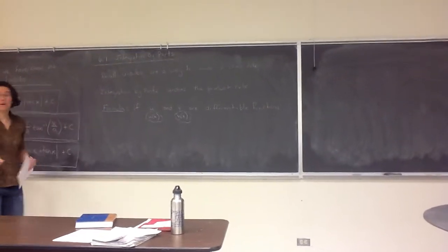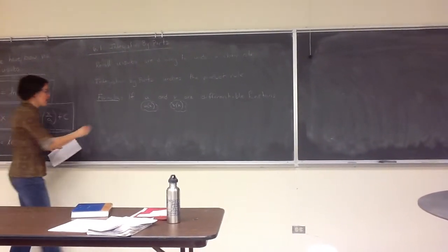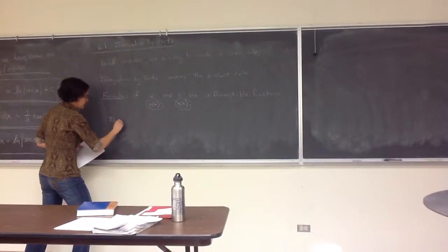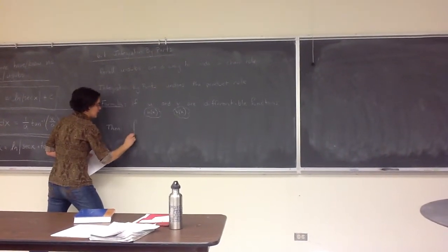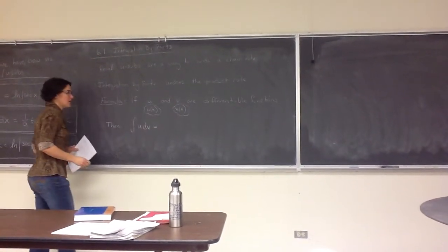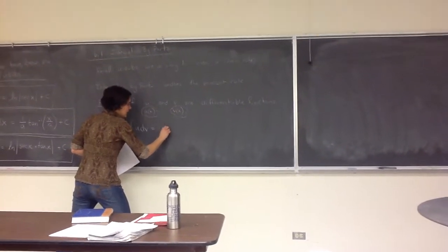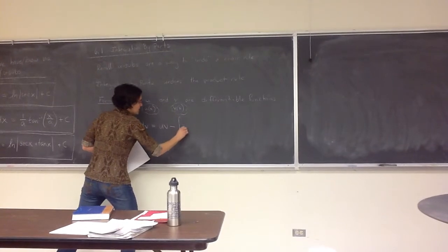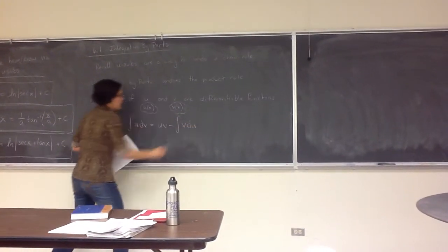So if U and V are differentiable functions, then the integral of U dV is equal to U times V minus the integral of V du.